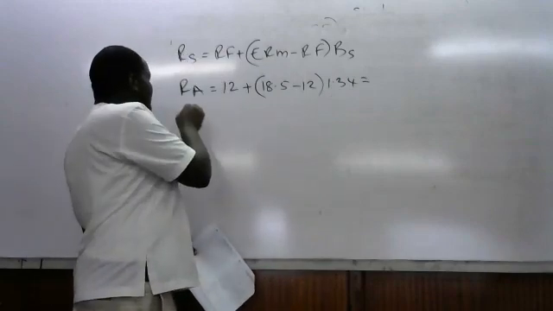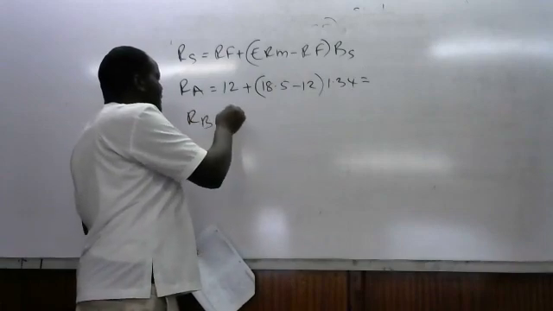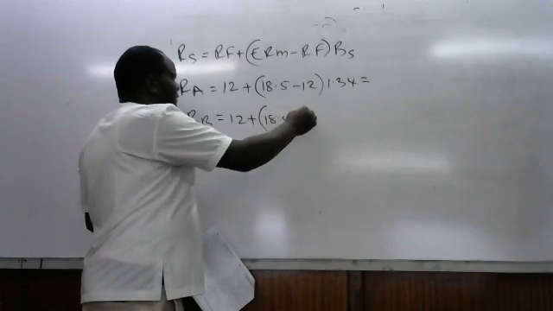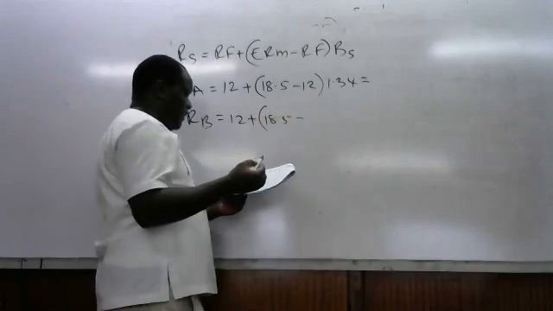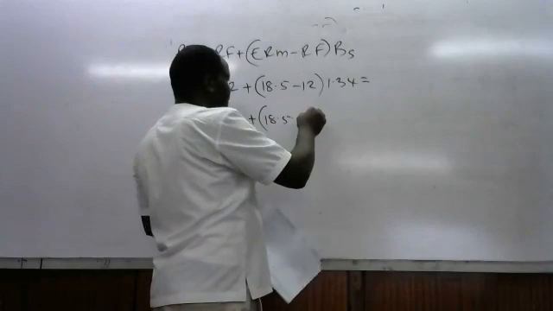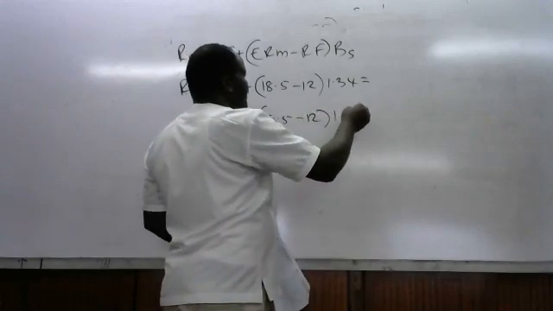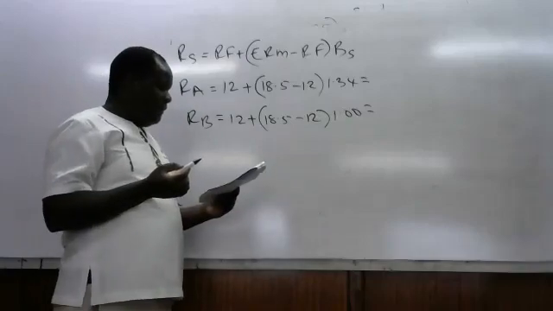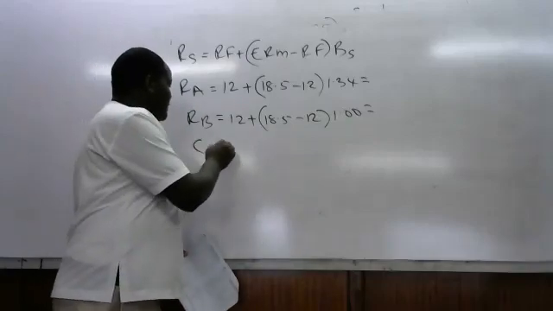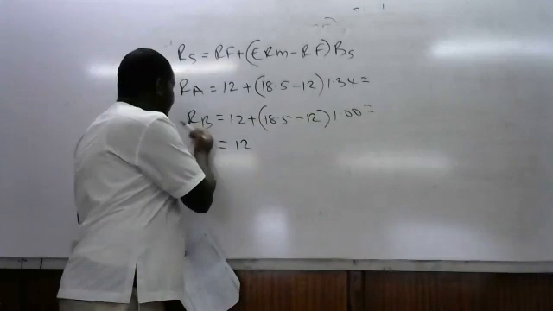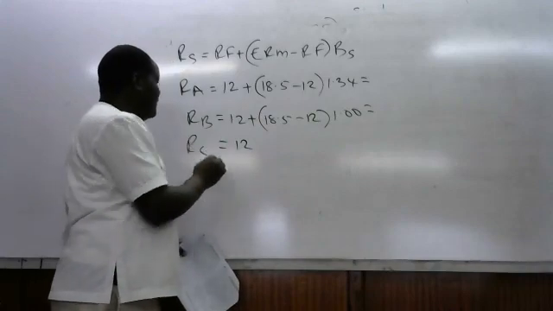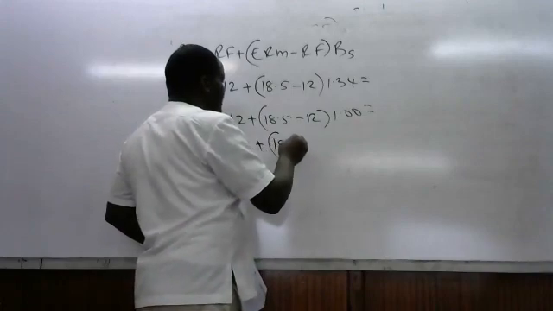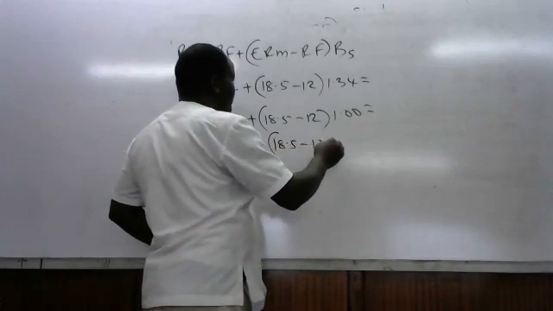Then we will do the same for the return of B. It is still 12, then this is still 18.5, also still minus 12. The beta is 1.00. Then you also have C. The risk-free rate is still 12, the return for C is still 12, then we also add 18.5 minus 12.